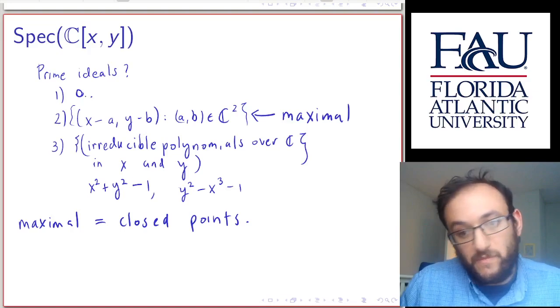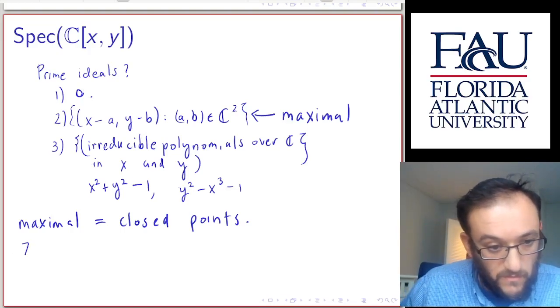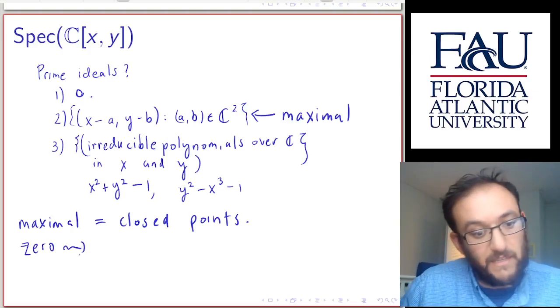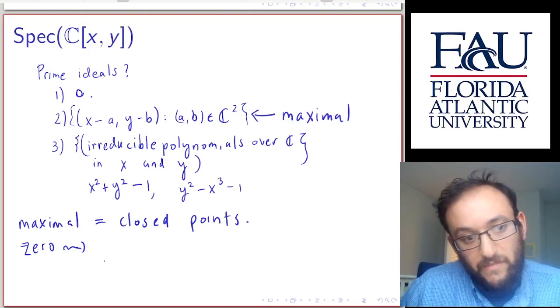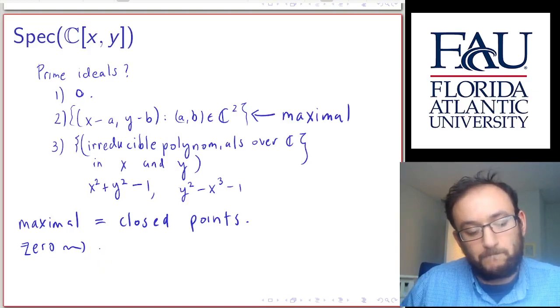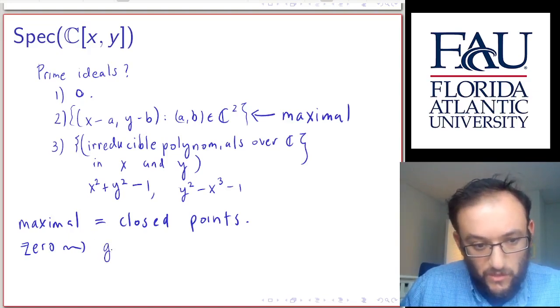If we think about the set of prime ideals containing 0, that's all primes, right? 0 is in every prime ideal. So you can think about that as kind of a generic point for the whole C^2.